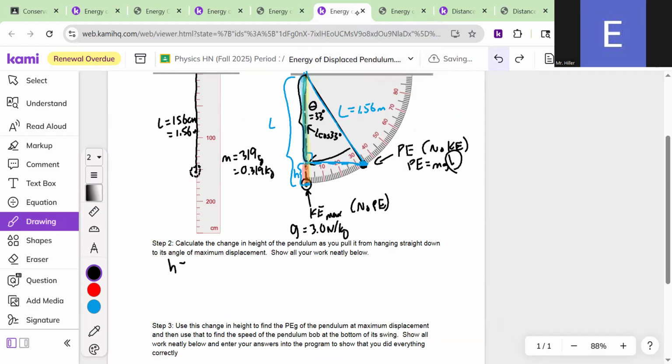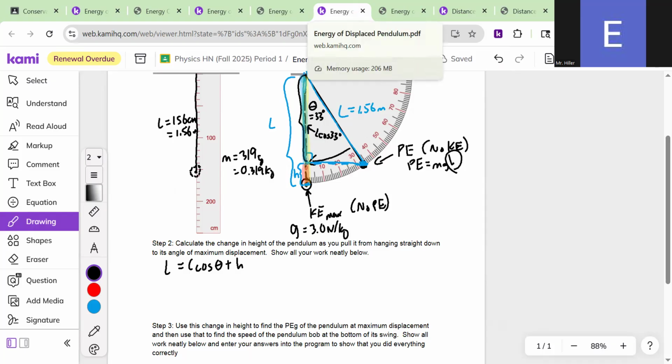Let me do that a different way. Sorry about that. The entire length is equal to L cosine theta, that part right there, plus the height right there. Now solve this for height: you have to subtract L cosine theta.